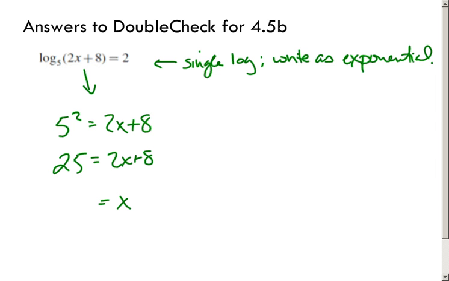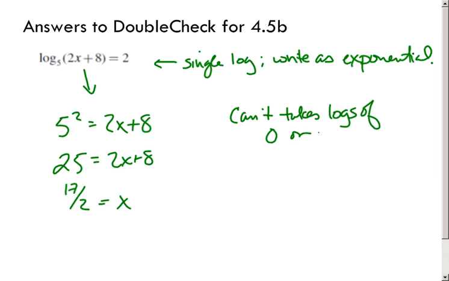So you'll end up with 17 halves. And then just obviously double check to make sure that the answer works, because again, you can't take logs of 0 or a negative number.